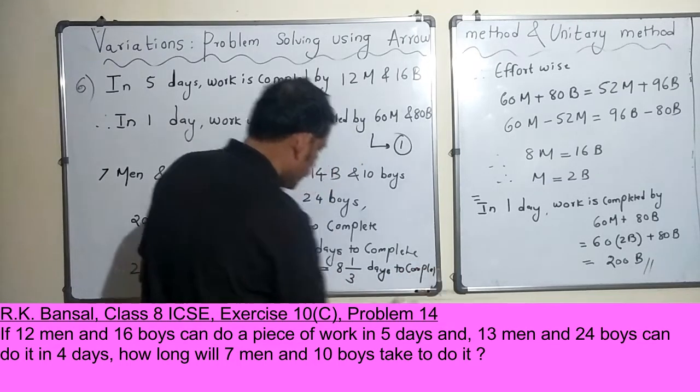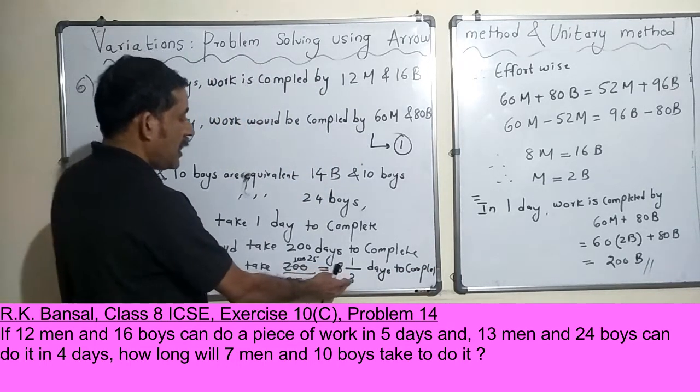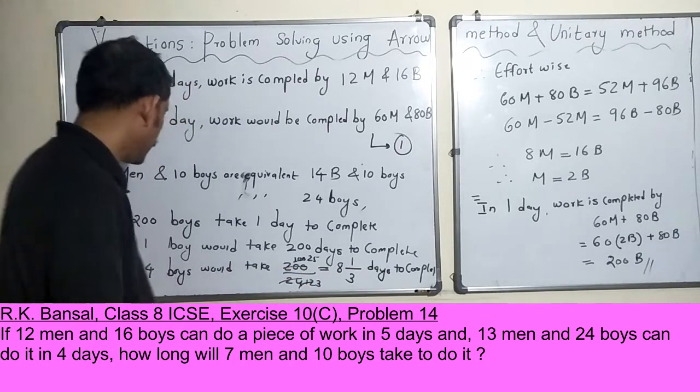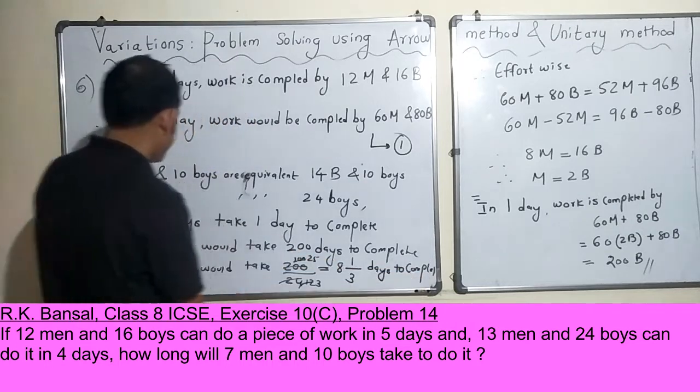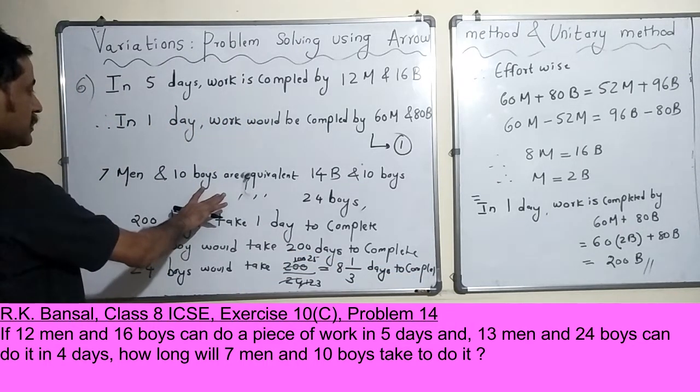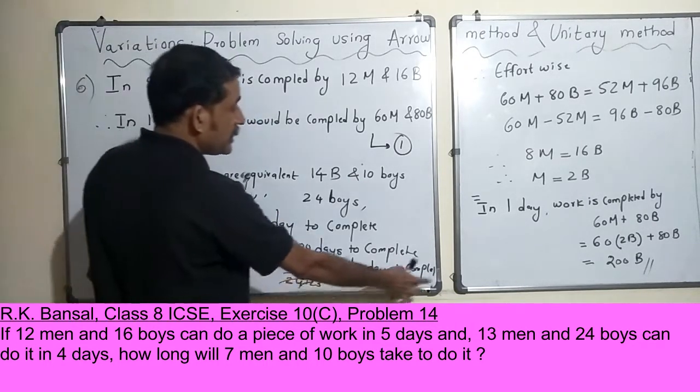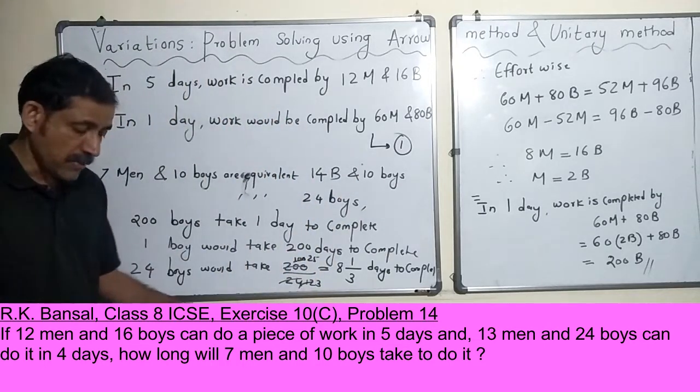Hope this is clear. So 24 boys would take 8 1 by 3 days to complete, which is nothing but 7 men and 10 boys would take 8 1 by 3 days to complete the work.